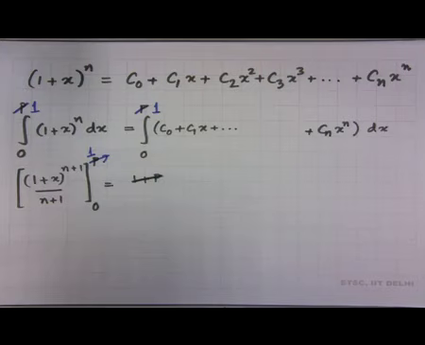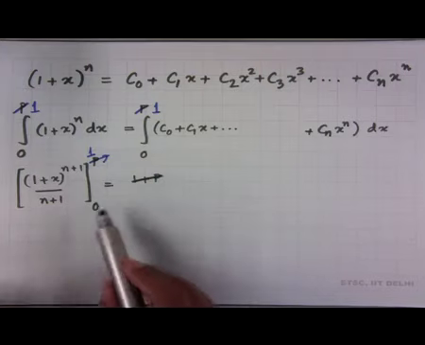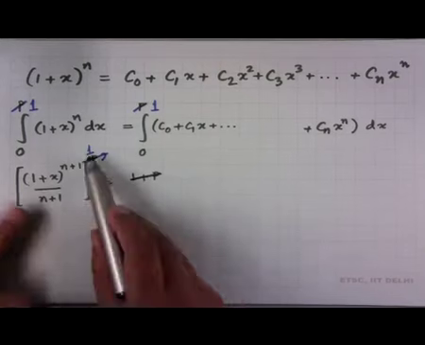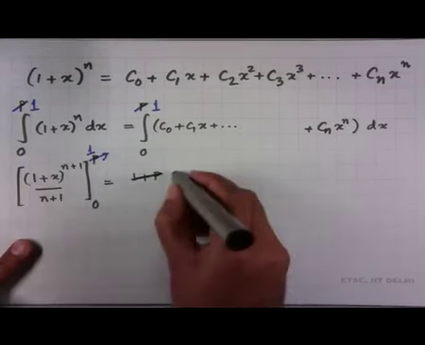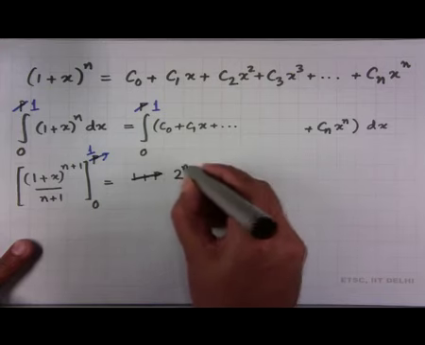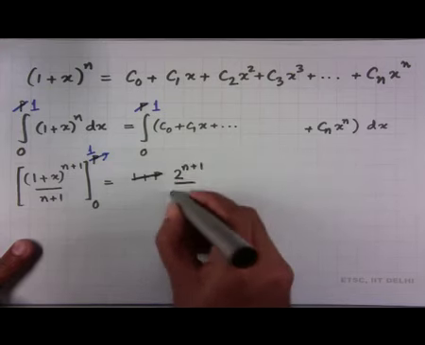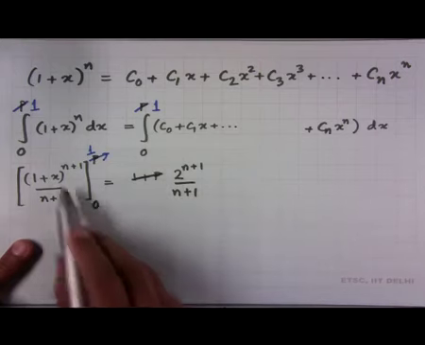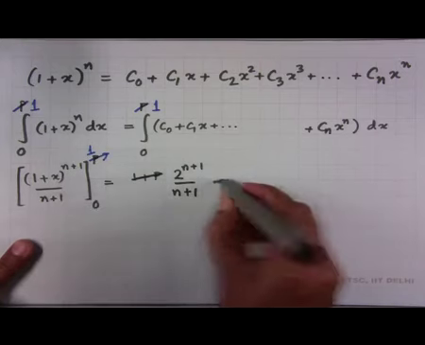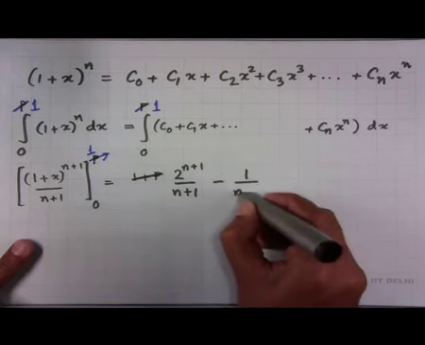So, we are going to integrate from 0 to 1. If I plug in x equal to 1, what do I get? 2 power n plus 1 by n plus 1, and if I plug in x equal to 0, I get 1 by n plus 1.